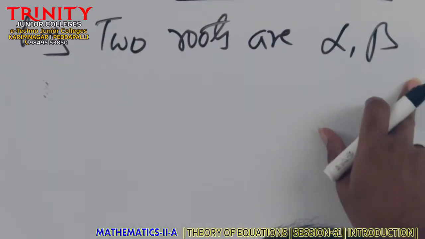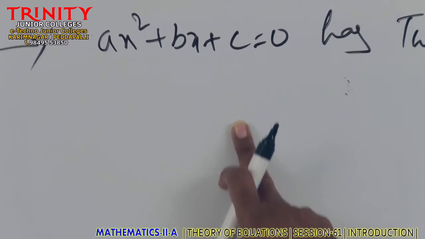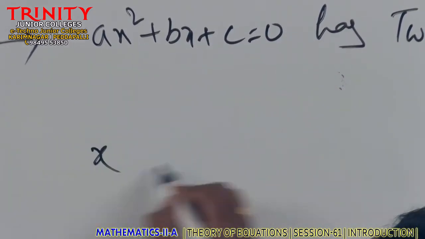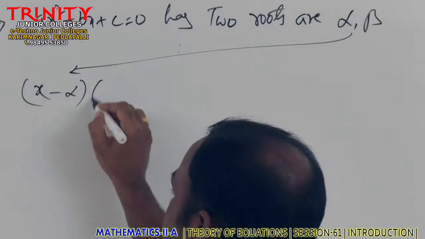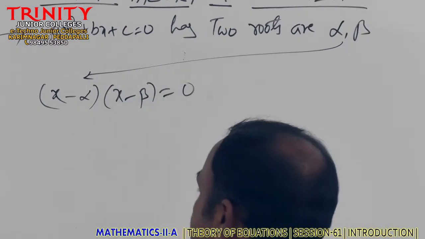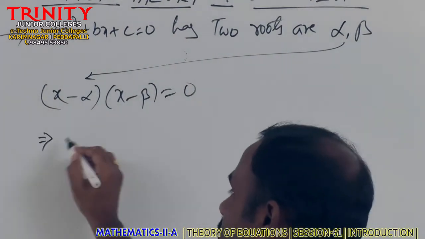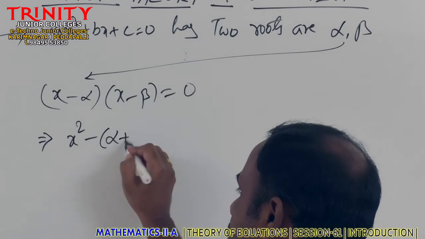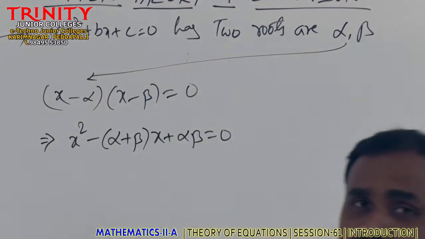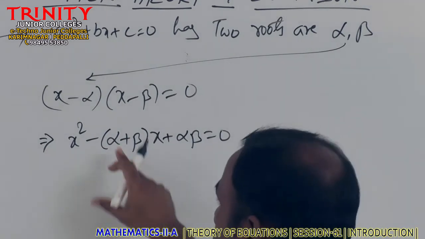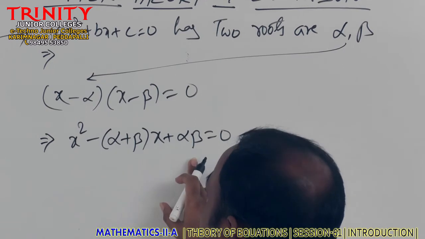If alpha comma beta are the roots of an equation, then what is the equation? Then the equation is x minus alpha into x minus beta is equal to 0. Then we can express this as x square minus of alpha plus beta into x plus alpha beta is equal to 0. Also express the other in the form of x square plus something into x plus a constant.